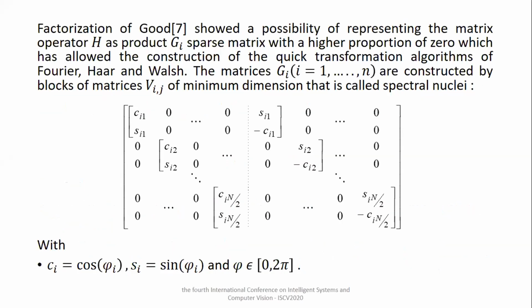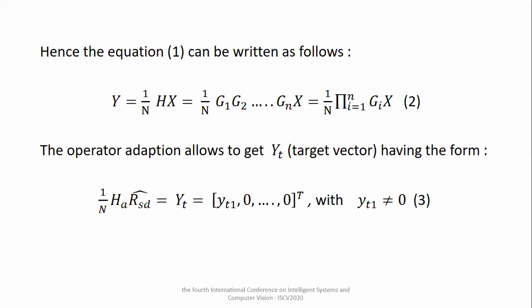Factorization showed a possibility of representing the matrix operator H as a product of G_i, as shown below. It's a sparse matrix with a higher proportion of zeros, which has allowed the construction of the quick transformation algorithms of Fourier, Haar, and Walsh. Hence, equation 1 can be written as follows.